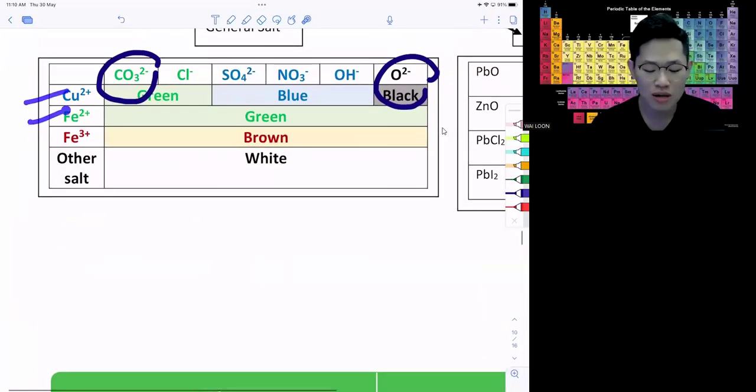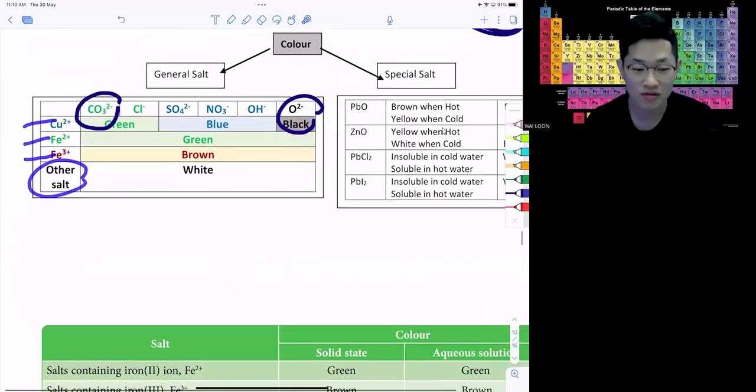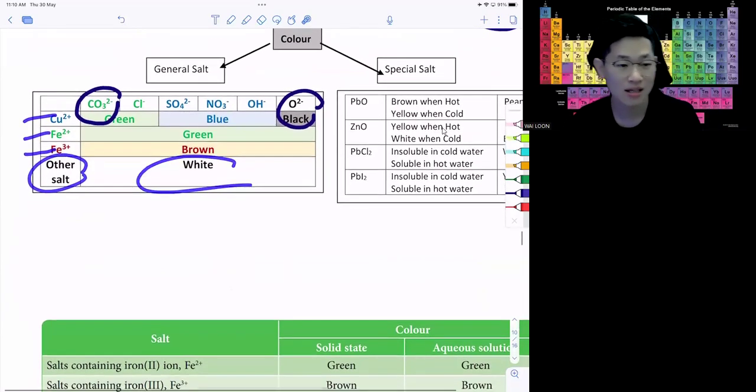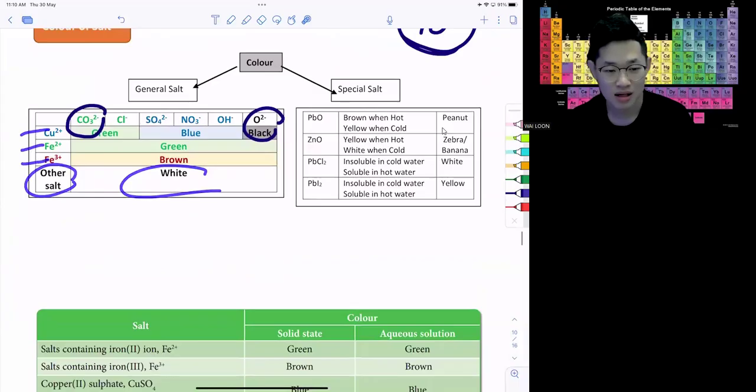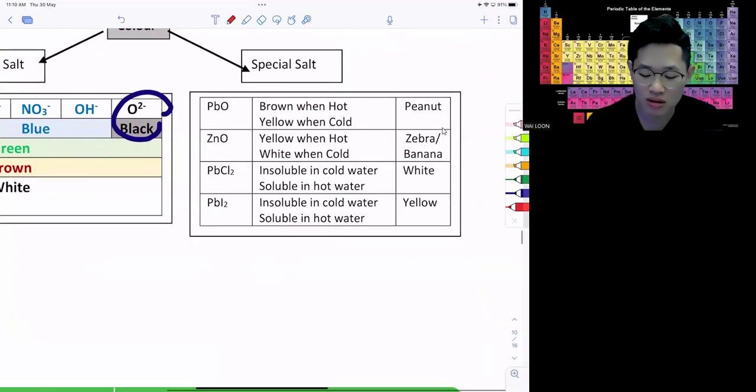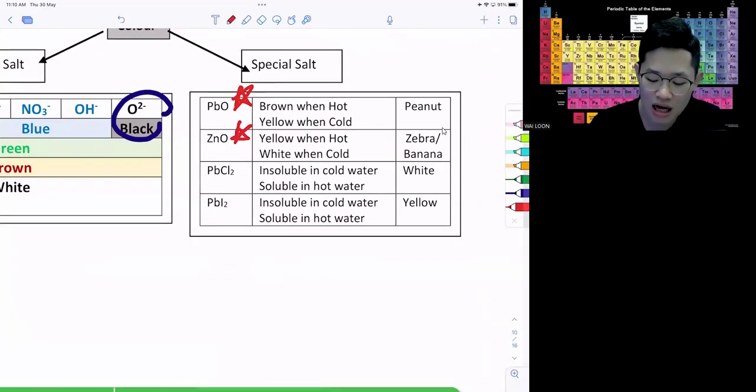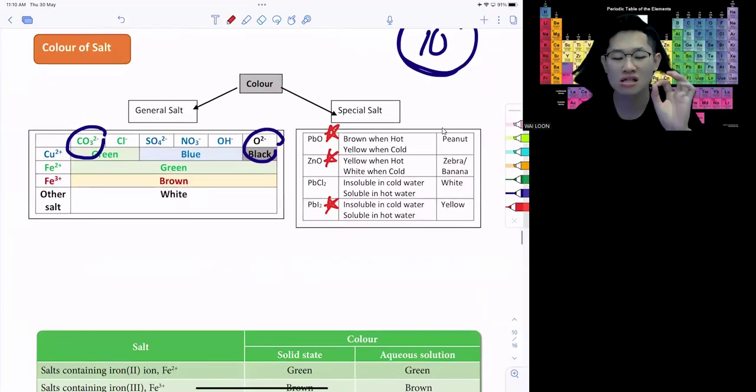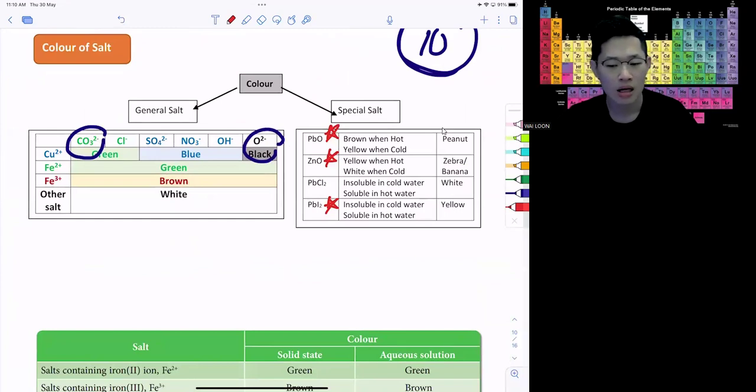So other than these 3 main salts, the rest of the salts are mostly white. Okay, then here comes the very important one. Must always remember the color of PbO, ZnO, and PbI2 because they have special colors. Questions will always come out with salts with special color because they want you to find the identity of the salt.